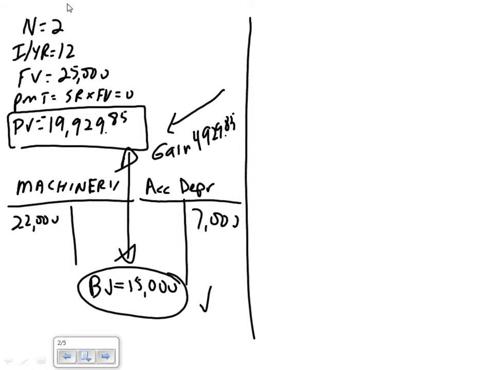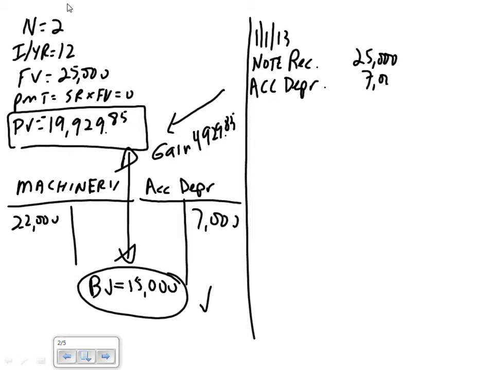So we have a lot of things going on here, and we have to think about what we're going to do. On January 1st, 1/1/13, the note receivable comes on the books always at face value, $25,000. And I have to remove the accumulated depreciation and the machinery. So accumulated depreciation associated with that machine is $7,000.